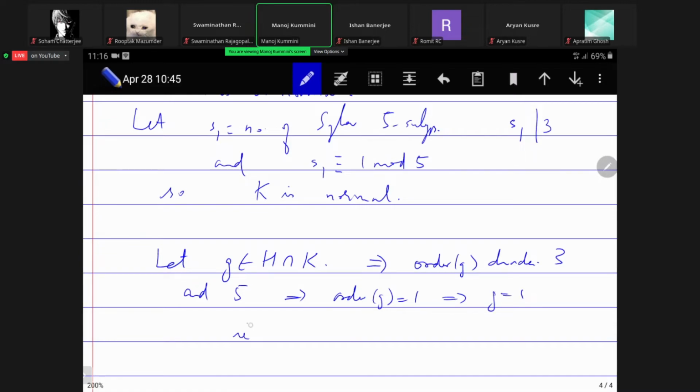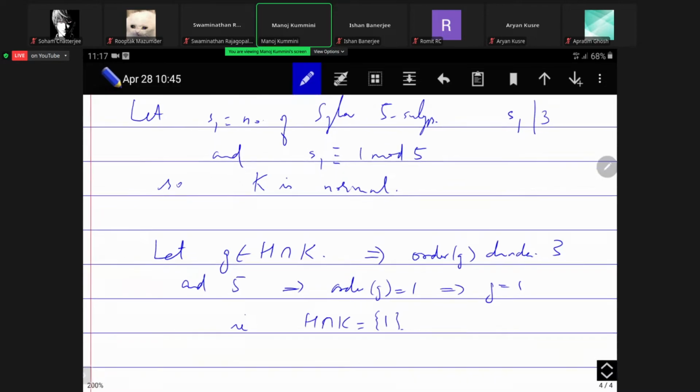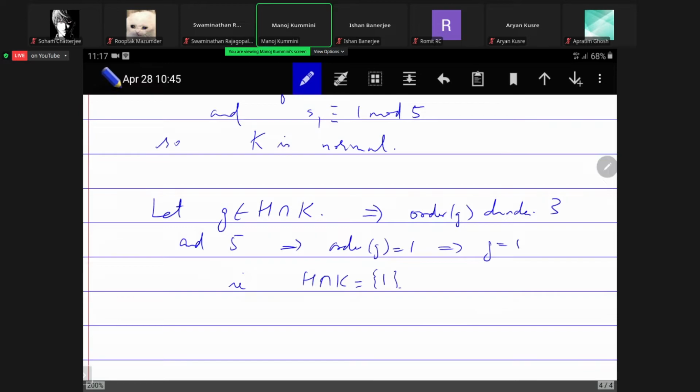So H intersect K is the subgroup generated by 1. That's all. So now let us prove a useful proposition, which of course we could have proved a long time ago, but this is a point where we can actually use it.